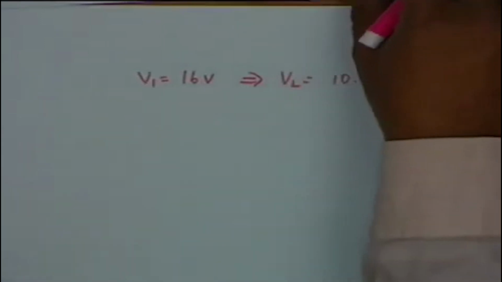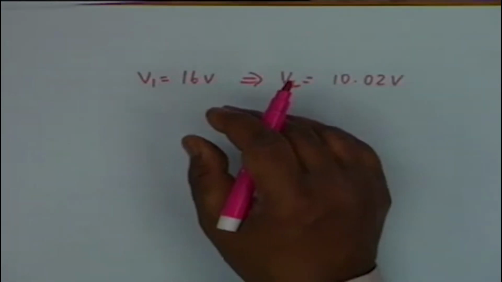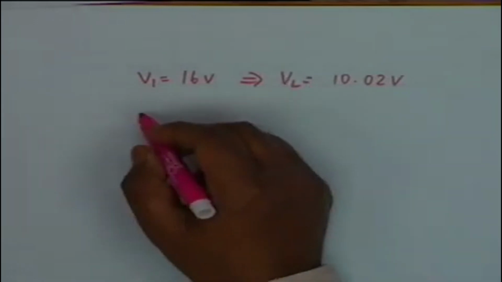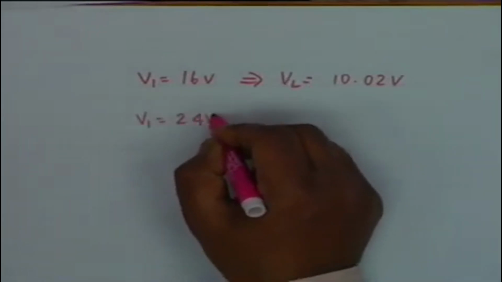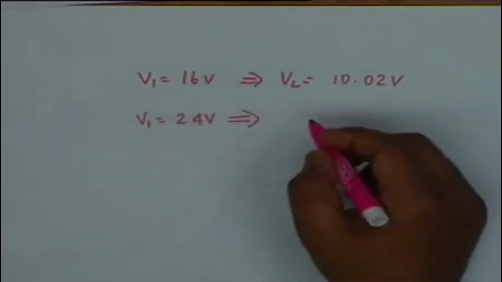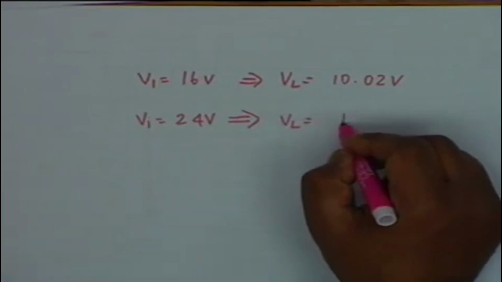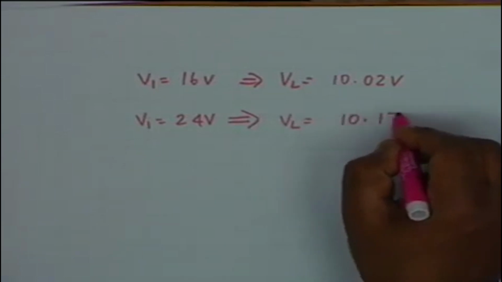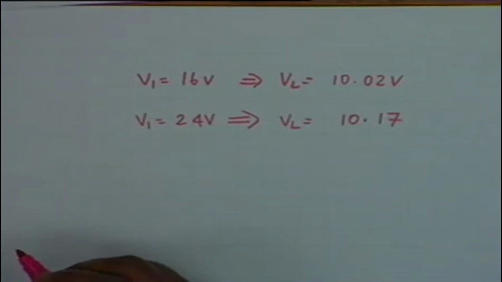If V1 now increases, the DC voltage increases by 50%, which means that V1 equal to 24 volt. From 16 to 24 is a 50% increase. The VL changes only to 10.17. You see how constant it remains?